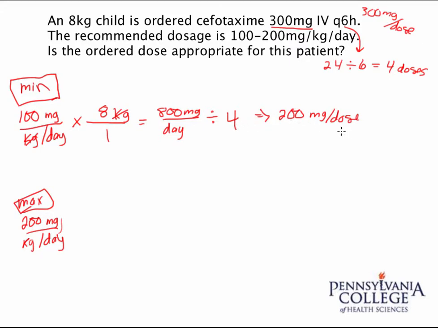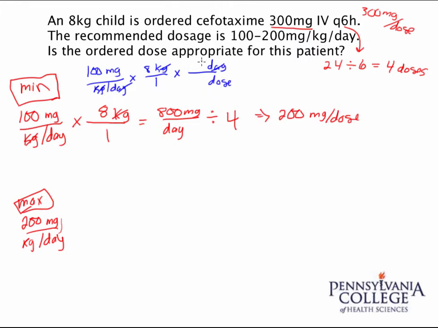If you would allow me to write up above, I can write out the dimensional analysis. So we would have 100 milligrams per kilogram per day. We would multiply by the 8 kilograms. The kilograms would cancel. And then I'm trying to cancel out day, so I would cancel out day and convert that into dose.